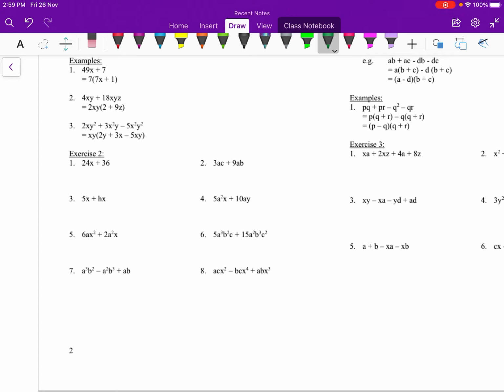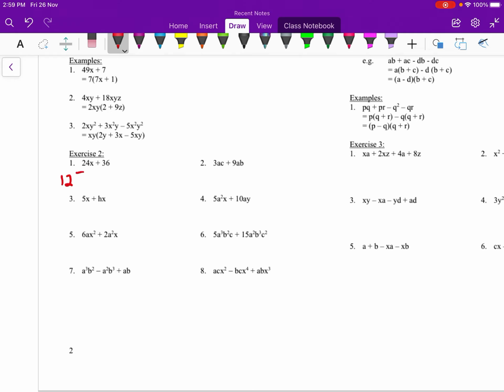The only thing that is common is the number. So I must take out the number, and this number must be as big as possible. I should take out not 2, also not 4, also not 6. I should take out 12, because 24 can be divided by 12, and 36 also can be divided by 12.